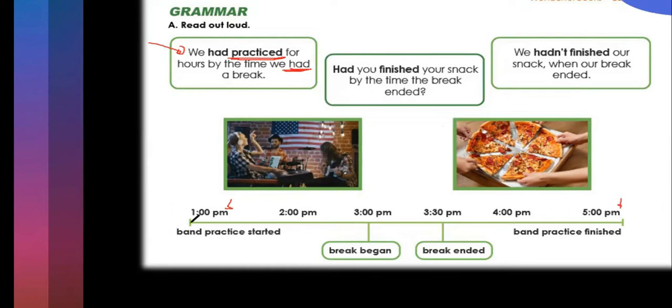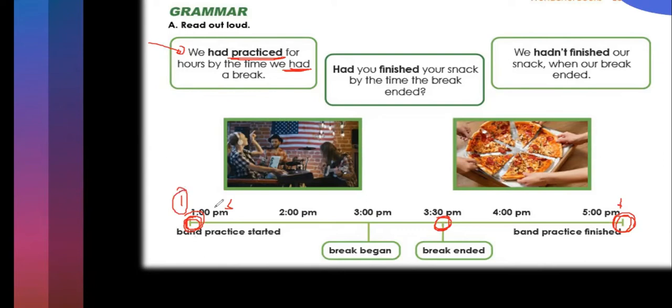So everything that happened here, for example, you want to describe this action, and also you want to describe this action, but now you are here. You just finished all these things. So there are two actions that happened in the past. We can have more, we can have 3 or 4 or 5, but just the first one is the one that is going to be in past perfect.